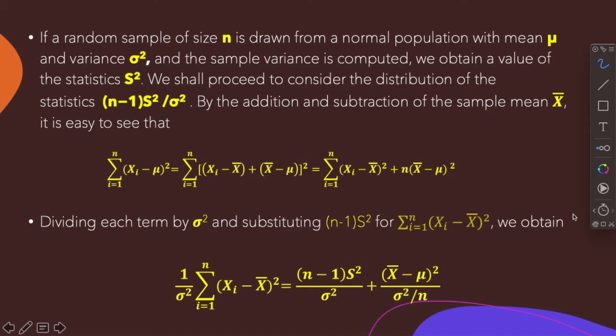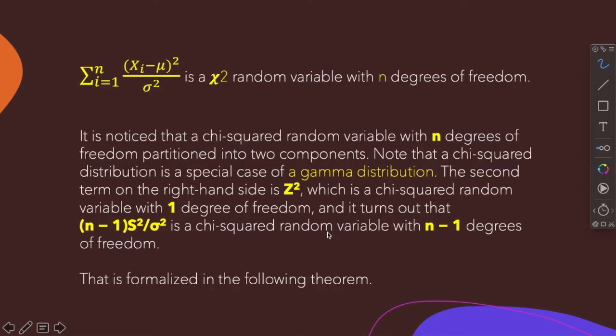That is what we see over here, that this term is a chi-square random variable with n degrees of freedom. So it is noticed that a chi-square random variable with n degrees of freedom is partitioned into two components. One was chi square and the other was z square with 1 degree of freedom.